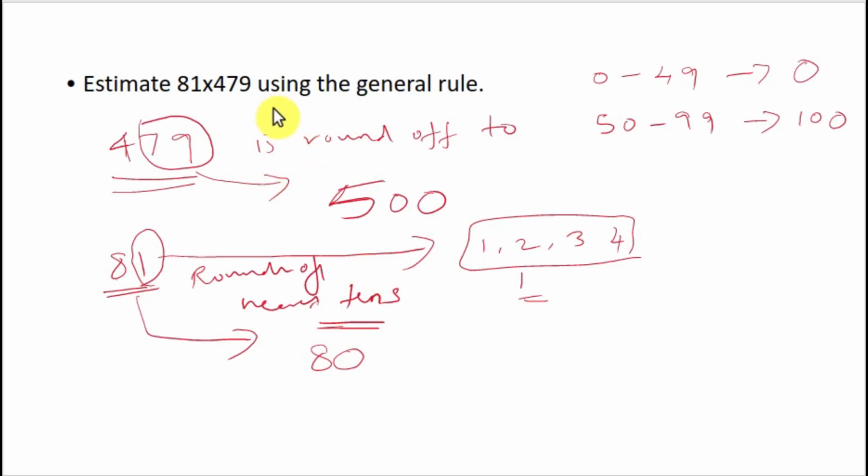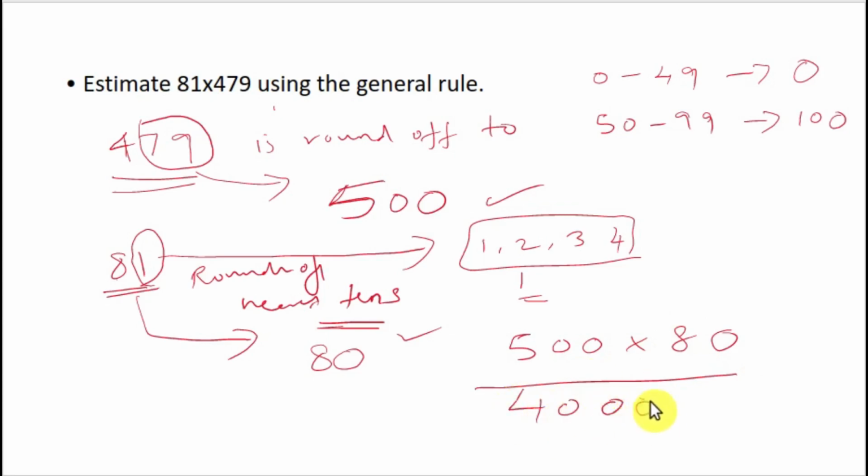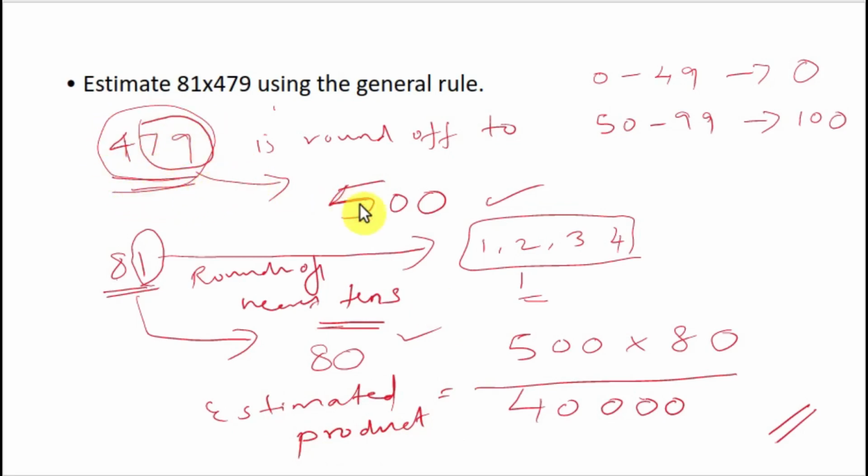Here we are rounding 479 to 100 and 81 to tens. 500 times 8 is 4000 (500 into 80). This is the estimated product. So I am rounding 479 to the nearest 100 and 81 to the nearest tens, and I am getting the estimated product.